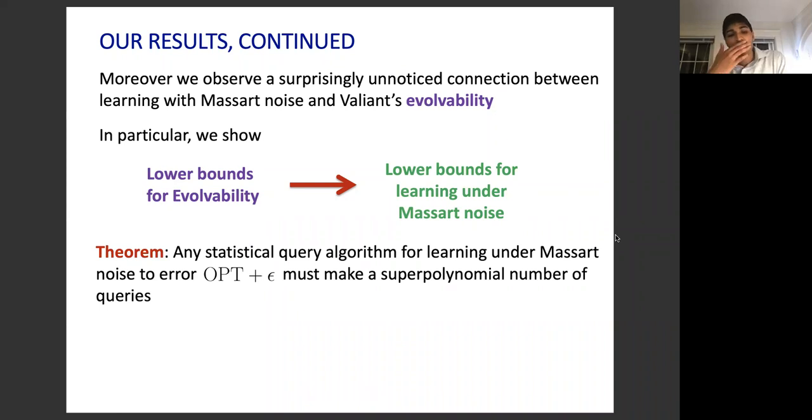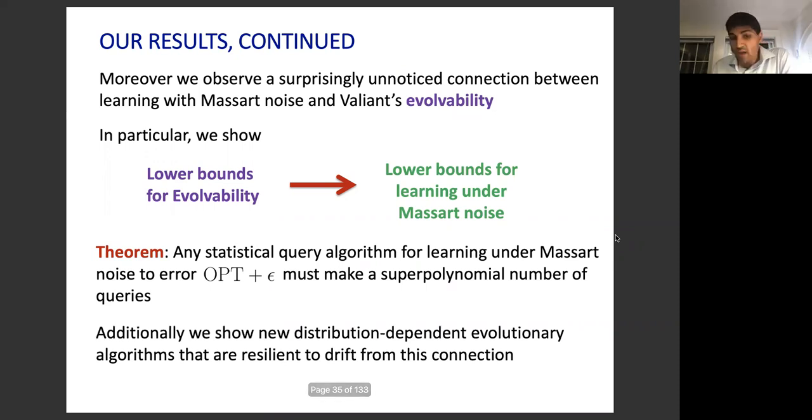One of the things that we show is a lower bound in the form of statistical query lower bounds that are super polynomial for learning under Massart noise and getting error that's opt plus epsilon. So we give fairly strong evidence that you can't actually improve the guarantees all the way down to this optimal agreement. And through this connection, we can actually go the other direction and get some new distribution-dependent evolutionary algorithms that are resilient to drift.